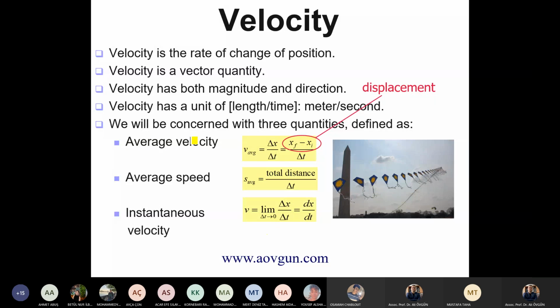So if you are in only one dimension, you will use delta x. For three dimensions, we use delta r for displacement. For one dimension, we use delta x if you are on the x direction. If you are on the y direction axis, you use delta y. If you are on the z direction, delta z. So when you see delta, it means displacement.